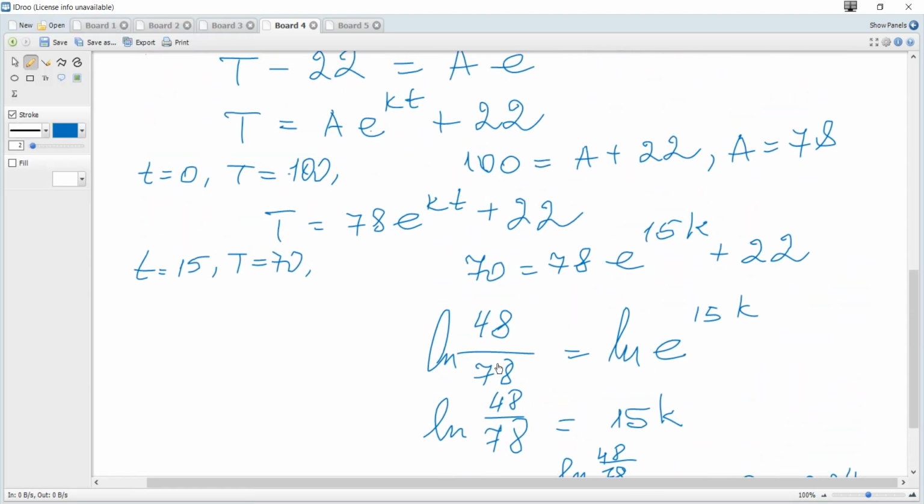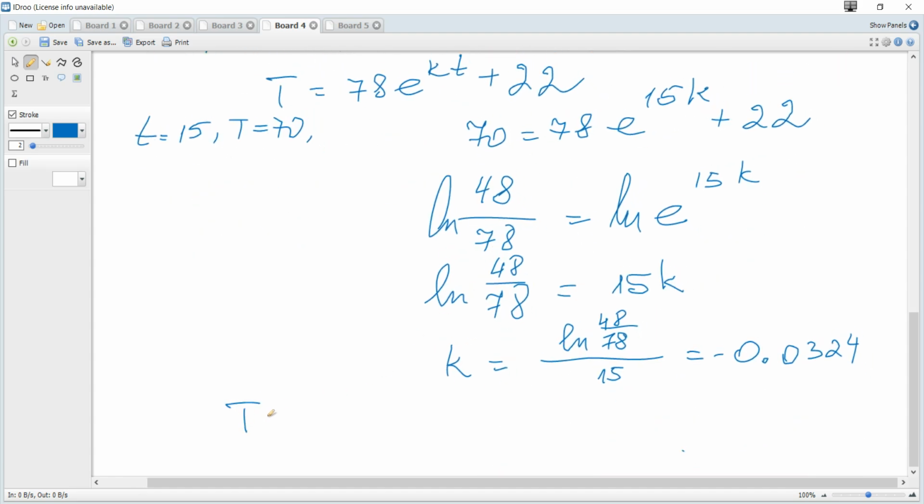Hence our function becomes 78 e to the power of negative 0.0324t, which means that it decreases, plus 22.